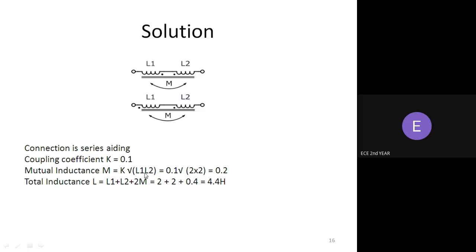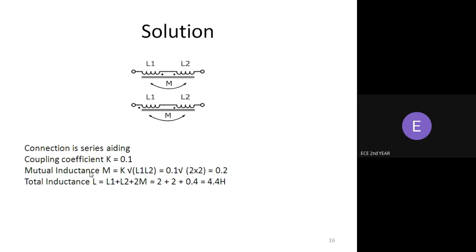To calculate the mutual inductance, we have the formula K into root of L1 into L2. Here K is the coupling coefficient, and this kind of connection is called series aiding connection. Mutual inductance M is equal to K into root of L1 into L2.